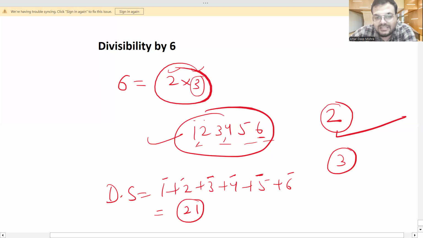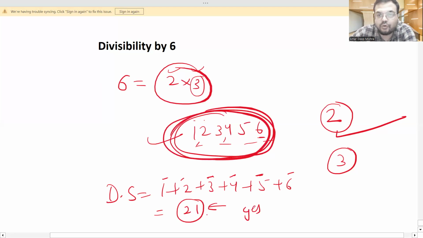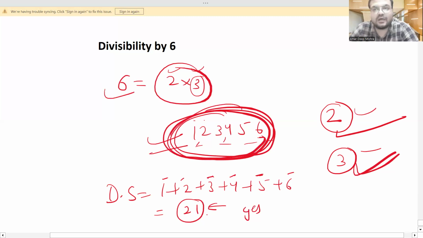Now, is this digit sum divisible by 3? Yes. So hence, this entire number is also divisible by 3. So I can say, because this number is divisible by both 2 and 3, this number will also be divisible by 6. Okay. So this is how we check the divisibility by 6.